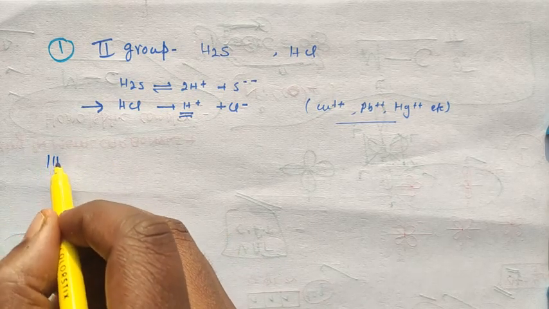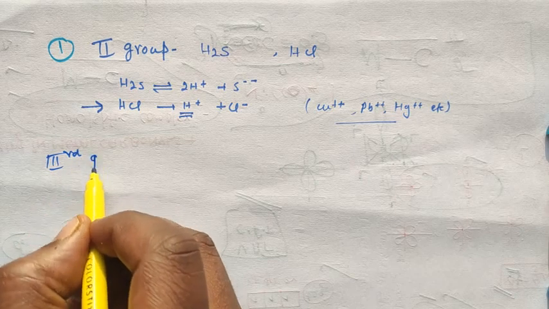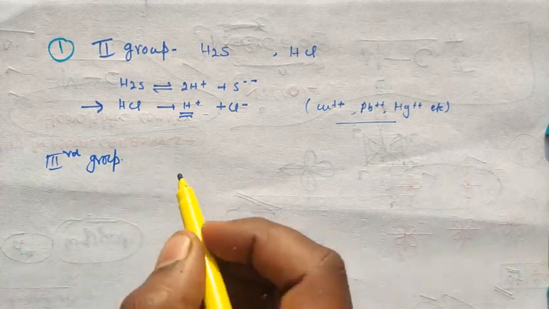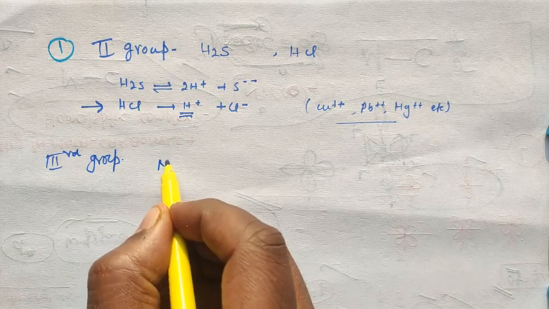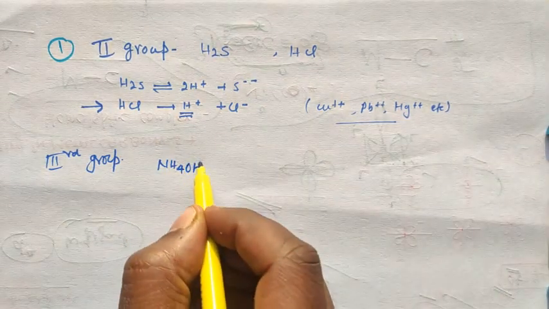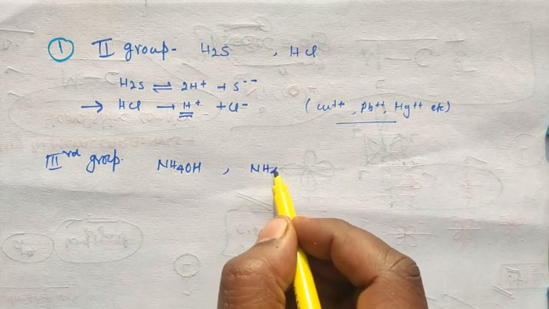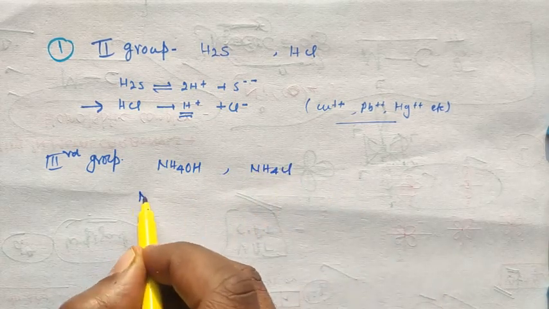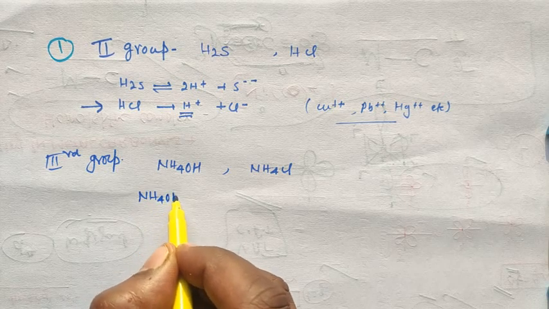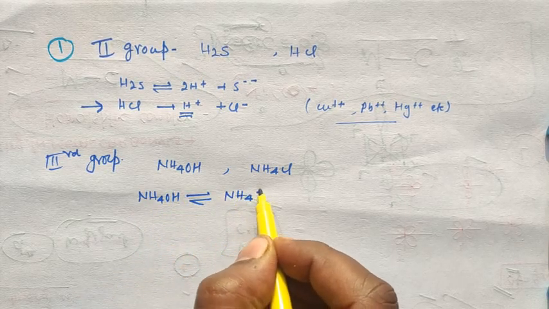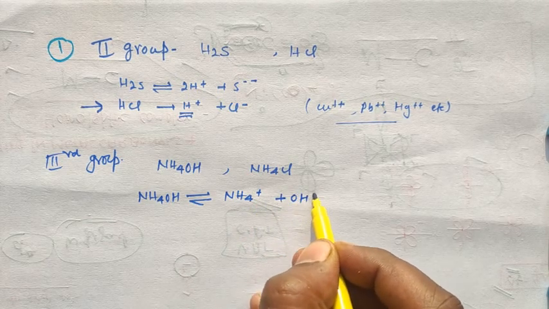So in the third group, what will happen, students? In the third group, the ionization of NH4OH is suppressed by NH4Cl. This is NH4OH, a weak electrolyte, and it will give NH4+ and OH-.